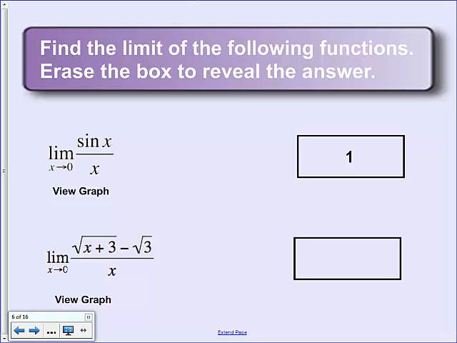We just talked about it. Well, 0 would end up being on bottom. I would have the square root of 3. I'm just plugging in 0. So 0 plus 3 minus the square root of 3 over 0. I can't divide by 0. I actually end up with 0 over 0. So we have to look at the graph.